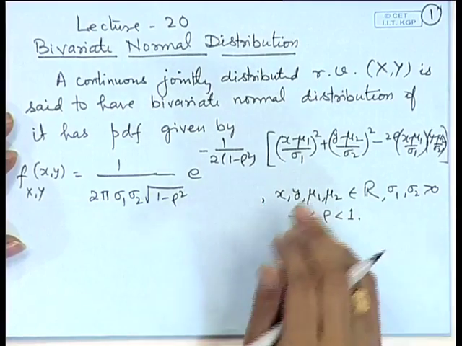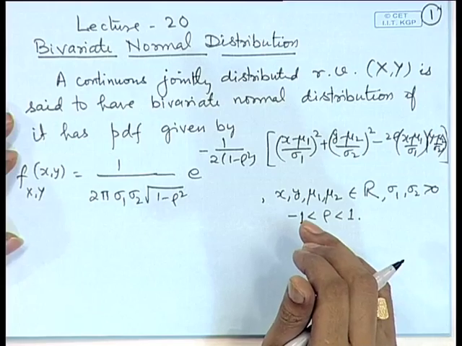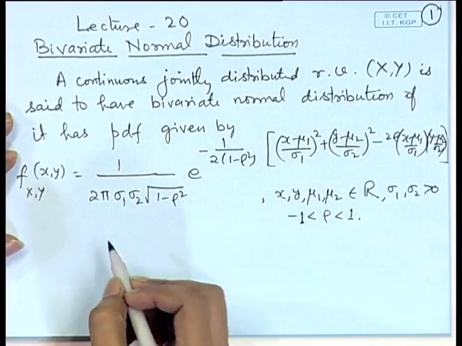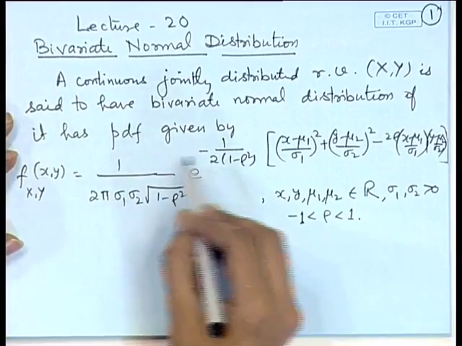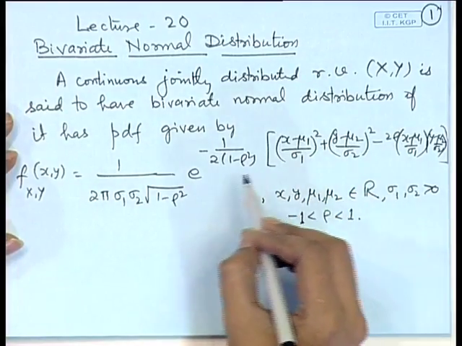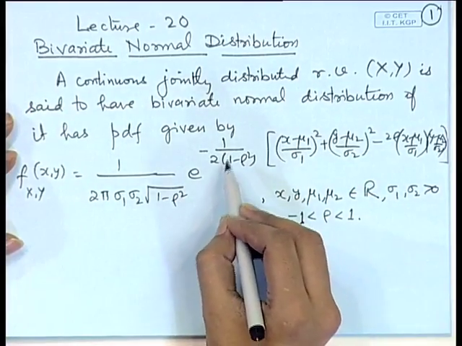So, first of all we look at what the marginal distributions and the conditional distributions are, and the overall structure of this bivariate normal distribution that we would like to study. Suppose we want to find the marginal distribution of x. In that case, we need to integrate this joint distribution with respect to y.